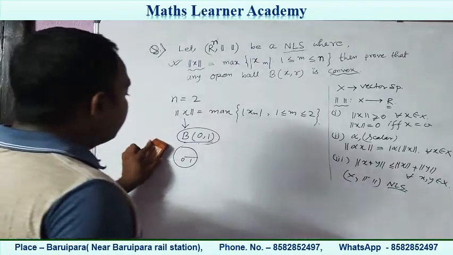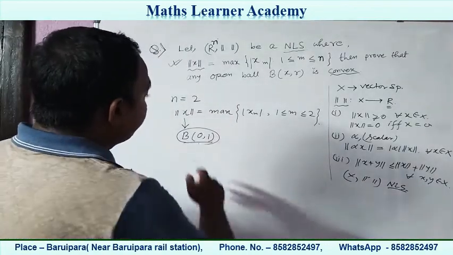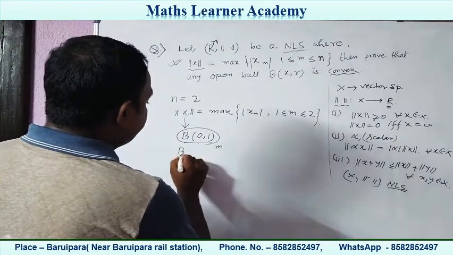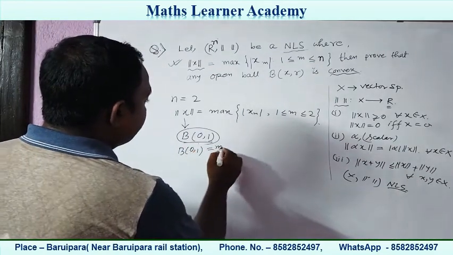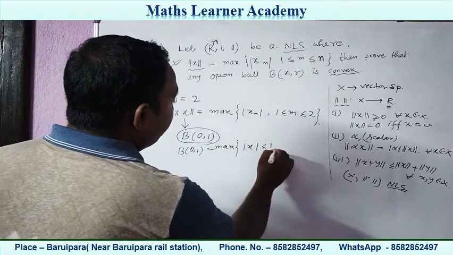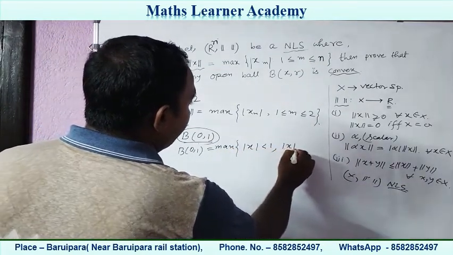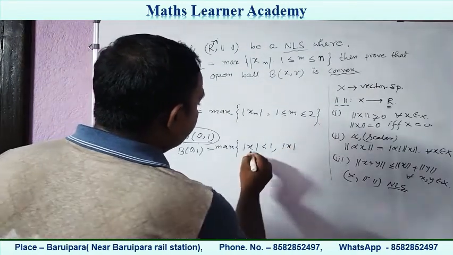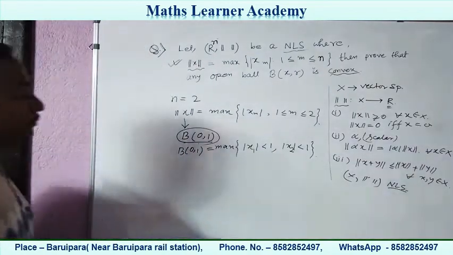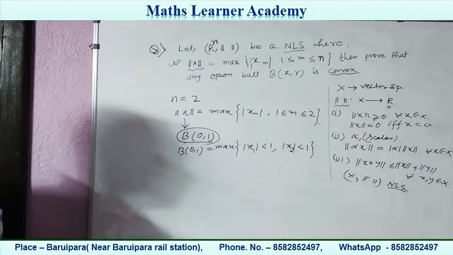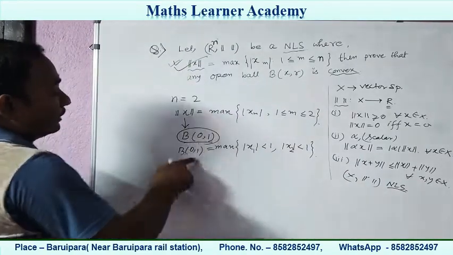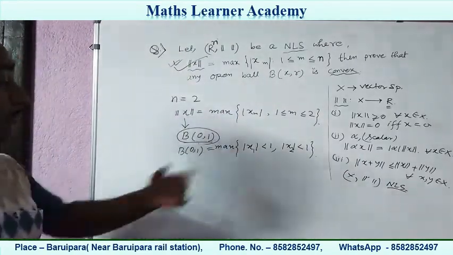Now this B(0,1) ball, actually from here, B(0,1) equals max{|x1|, |x2|} less than 1, that is, |x1| less than 1 and |x2| less than 1, right? This is our open ball using this definition of norm. From this definition we can construct this open ball.